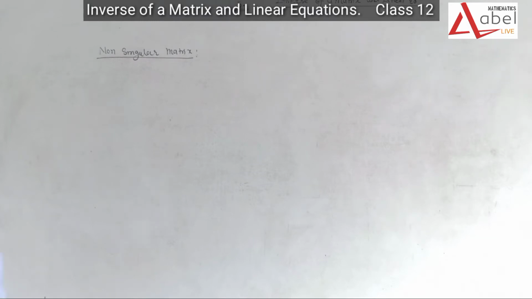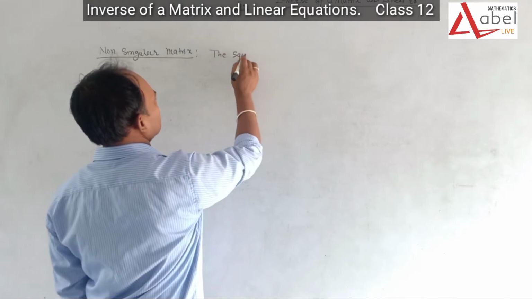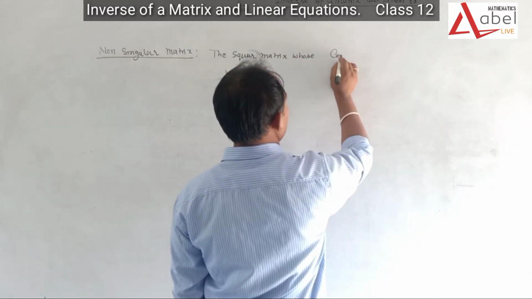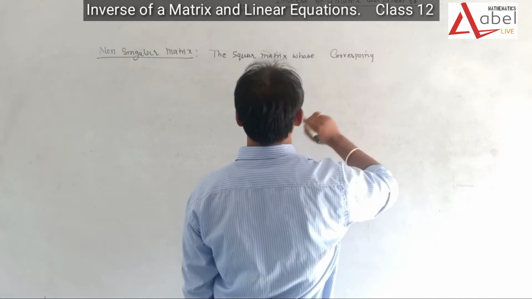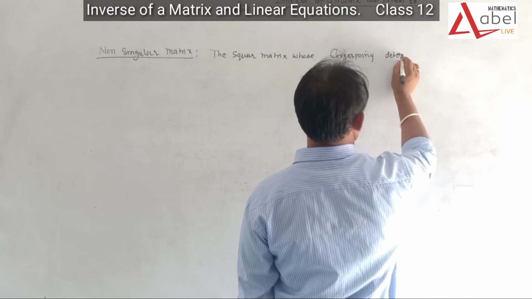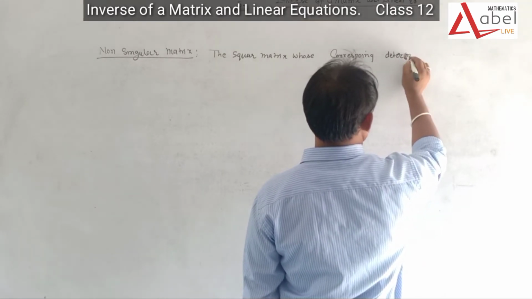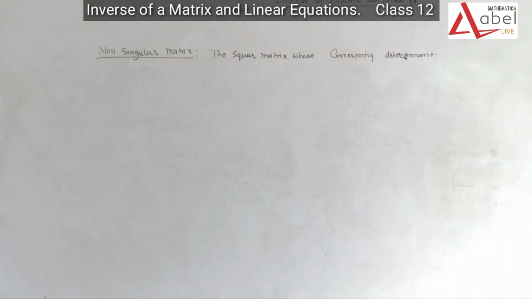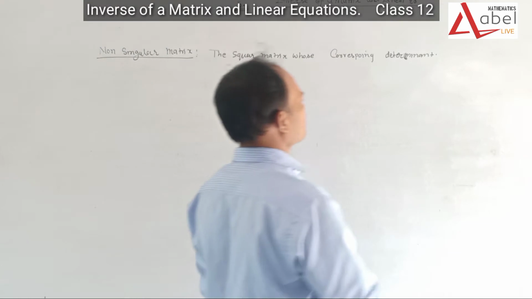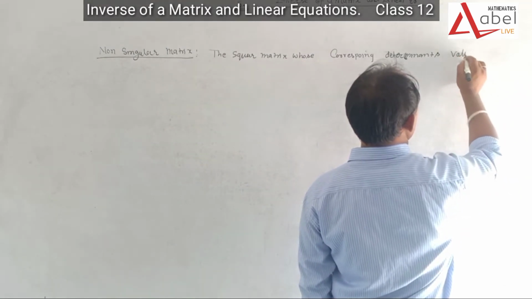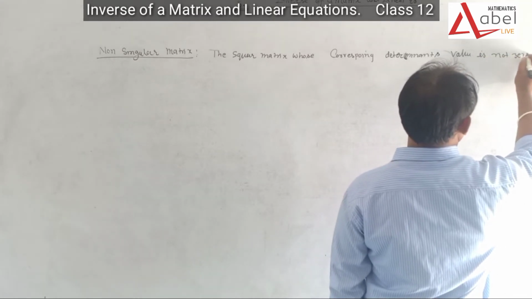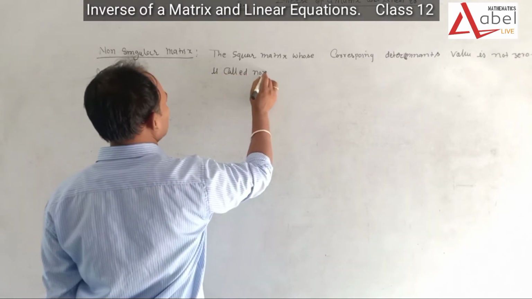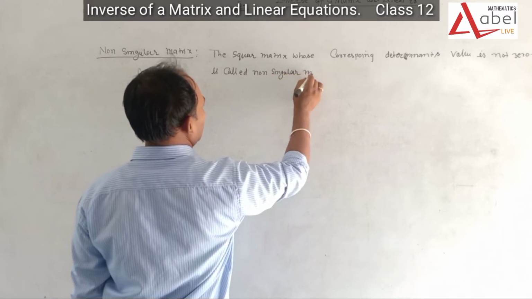The square matrix whose corresponding determinant value is not 0 is called non-singular matrix.